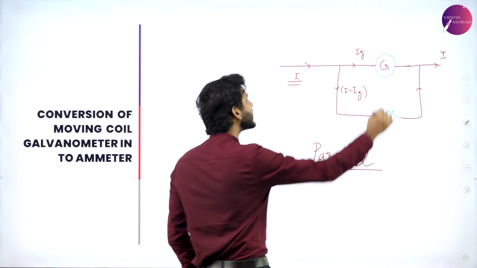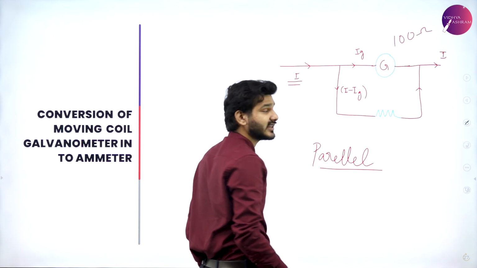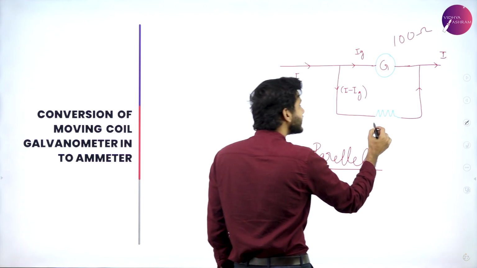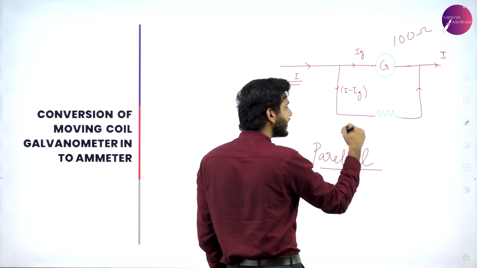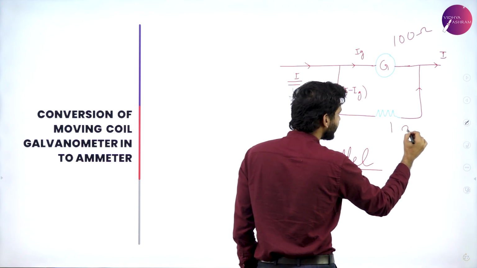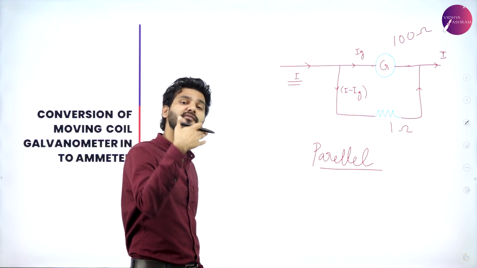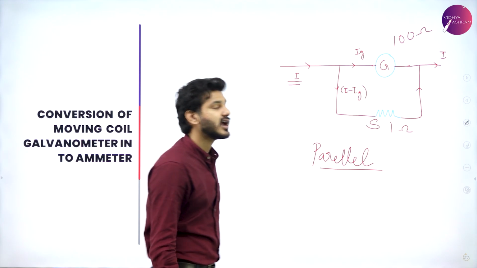That is, if the galvanometer resistance is 100 ohms, then this resistance we are connecting in parallel should be very small, in the magnitude of, let's say, 1 ohm or like 0.1 ohms. It should be very small. So this is a very small resistance that we are connecting.